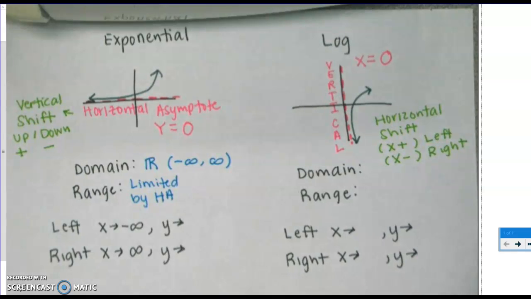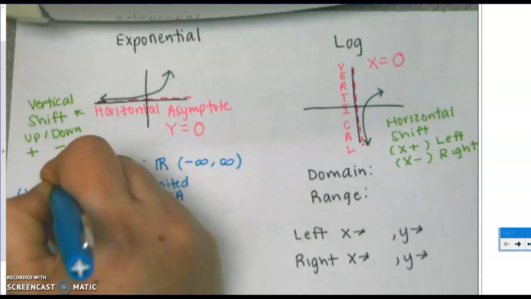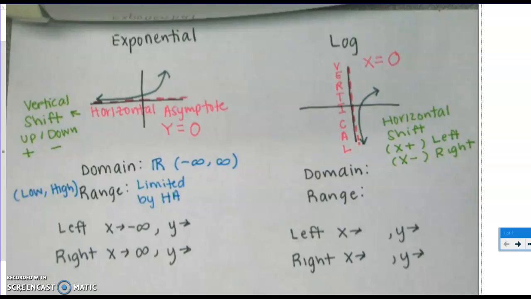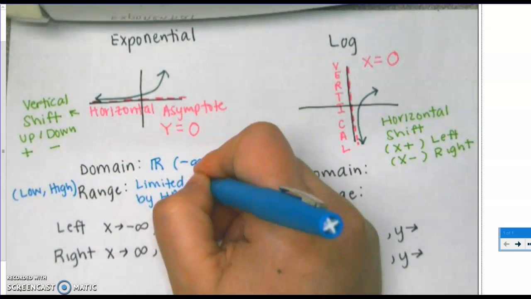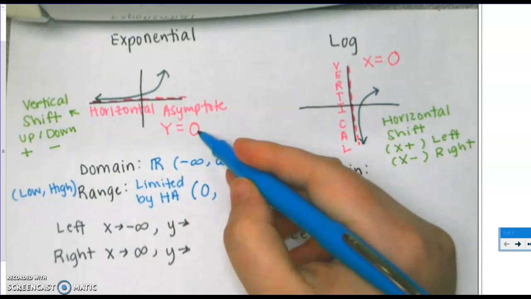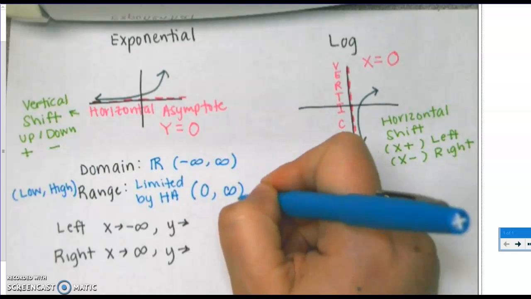Remember, range is always low to high, right? For my particular graph, the horizontal asymptote is at the bottom of the graph, and then I have an arrow going up. So my range would be a parenthesis 0, because that's where the asymptote is, and then up forever and ever and ever.